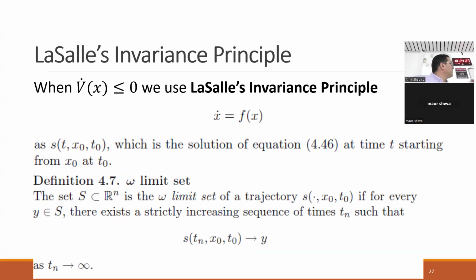So when v dot is smaller than or equal to 0, we use LaSalle's invariance principle. So we have a dynamical system.